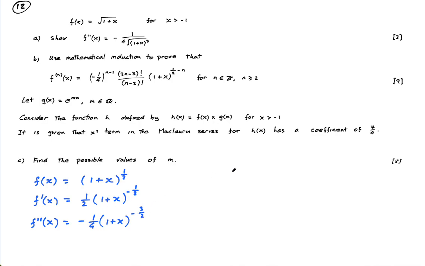Right, we've already got these. f of 0, which we need for the Maclaurin series, is 1 plus 0 to the power of a half, which is 1. f dash of 0 is just a half, because 1 plus 0 to any power is going to be 1. And f dash dash of 0 is equal to minus a quarter.